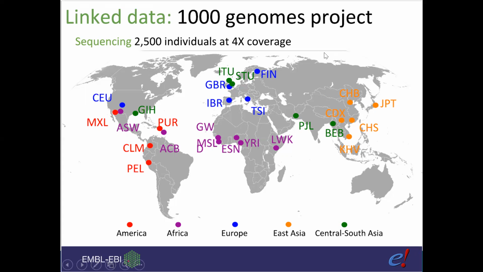And sequencing at 4 times coverage is not a lot. It means that there will be gaps in each of these individual genomes, but it doesn't matter, because you can align them. We have the reference human genome, so that the sites of the variants can be identified. And this gives us a lot of data, as we'll see in a minute, so that we can see which populations have which frequencies for specific variants.